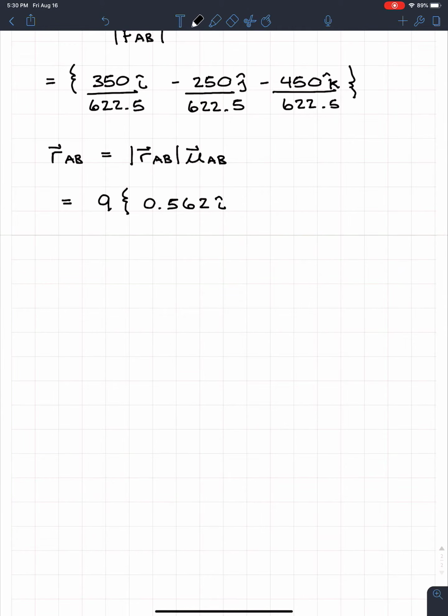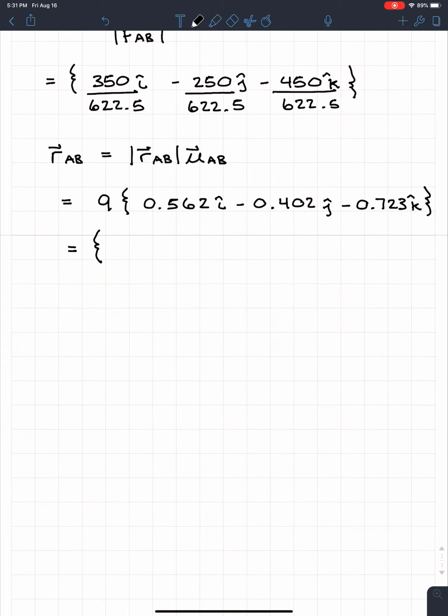This number just comes from dividing 350 by 622.5. Then minus 0.402j, and then minus 0.723k. Again, this one does not have units because this is a unit vector. And then all we're going to do is multiply the 9 into each one of those terms.